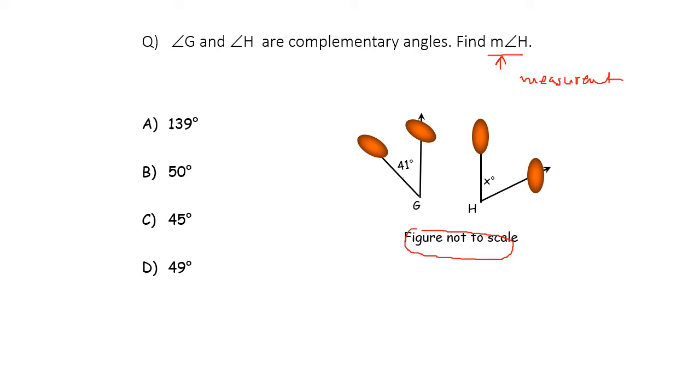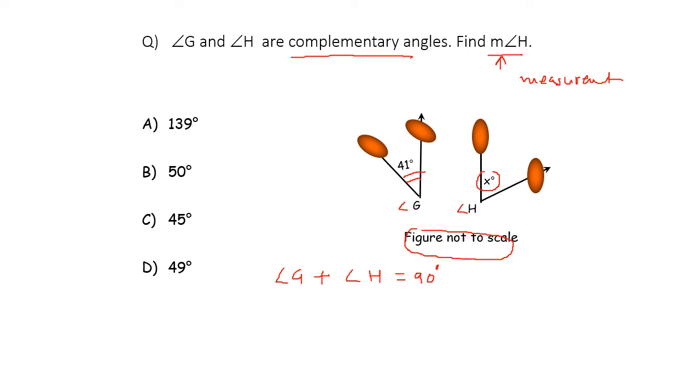So it is 41 degrees. This particular angle is 41 degrees, and this is angle G. Angle G is 41 degrees and angle H is X degrees. I have to find its value, and they are complementary in nature, meaning their sum is 90, right? So I can solve like this. If they are complementary, angle G plus angle H will be 90 degrees.